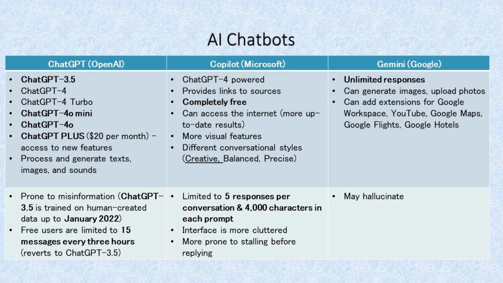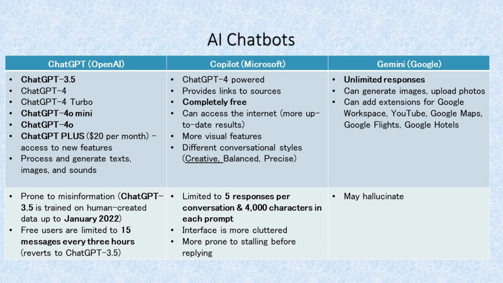Copilot. This AI tool is integrated in Microsoft products like Word and Excel, and it uses GPT-4's ability for real-time document generation and analysis. Unlike ChatGPT-4, Copilot is available at no cost. It can browse the web, offering up-to-date information and providing source links for more reliable data.